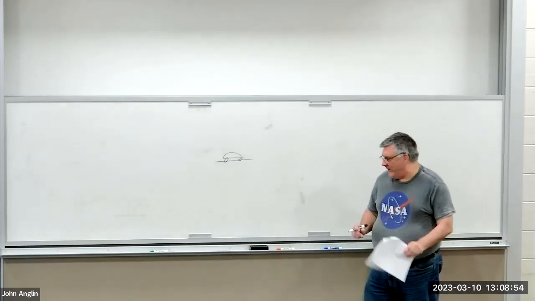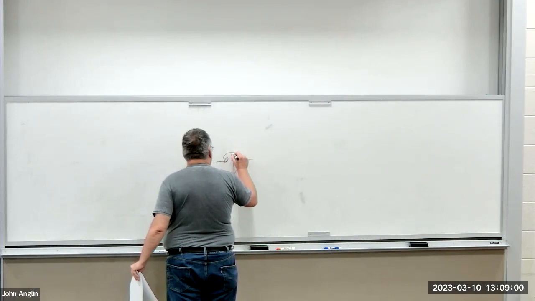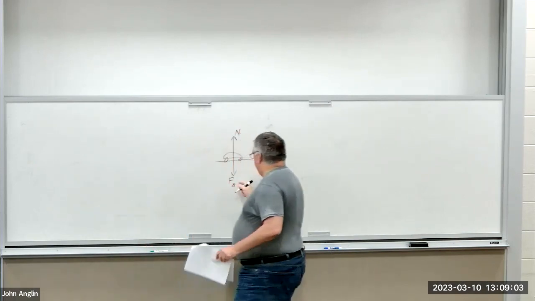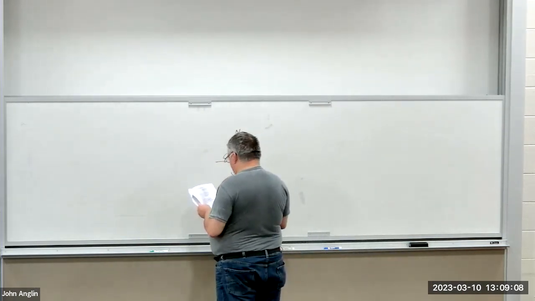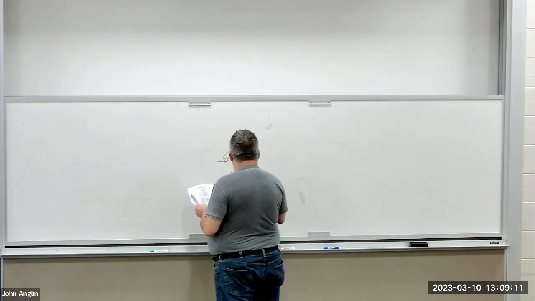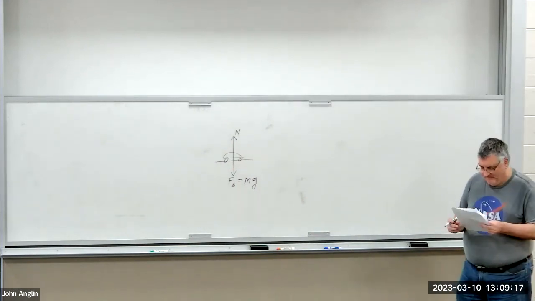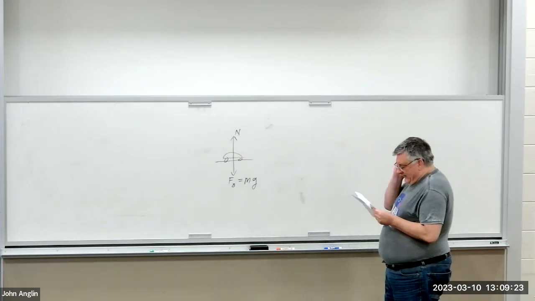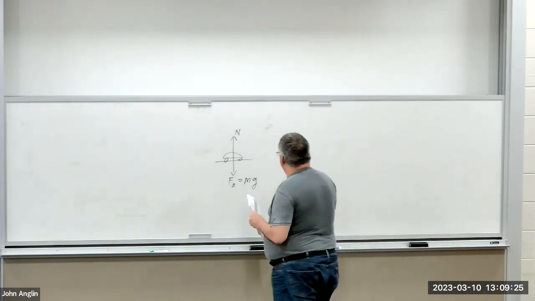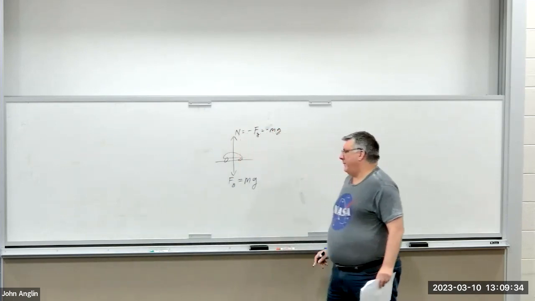So the only forces that we really know about at this point are the gravitational force and the normal force. So remember, gravitational force is just mg, the mass of the vehicle, times the acceleration due to gravity. And we know that the normal force has got to be the opposite of the force due to gravity, which is just going to be our negative mg.